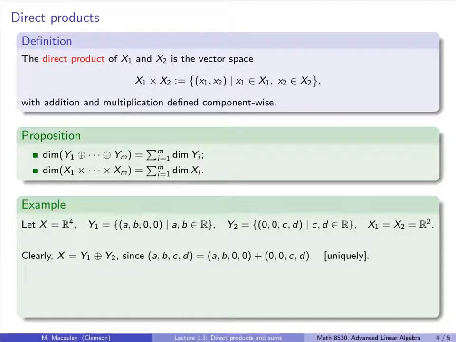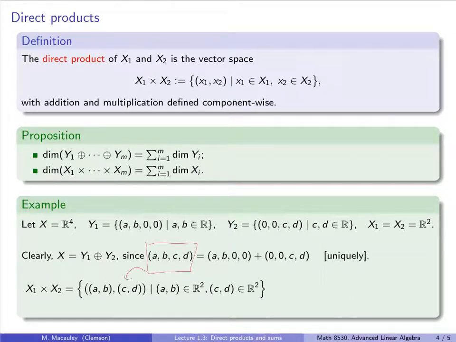Clearly, x, as R4, is the direct sum of y1 and y2, since every 4-tuple, A B C D, can be represented uniquely as A B 0 0 plus 0 0 C D. Also, the direct product of x1 and x2 is technically an ordered pair of ordered pairs. So it's (A, B), (C, D). Now, it should be clear that x, in other words, the set of all of these, is naturally isomorphic to the set of all of these.